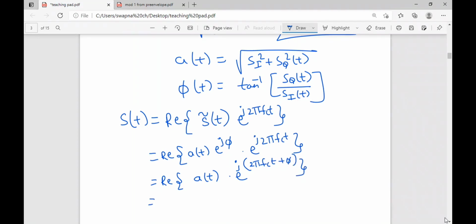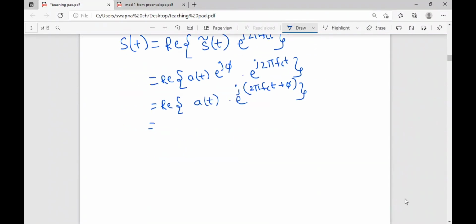This can be represented as real part of a of t into e power j 2 pi fct plus phi of t.